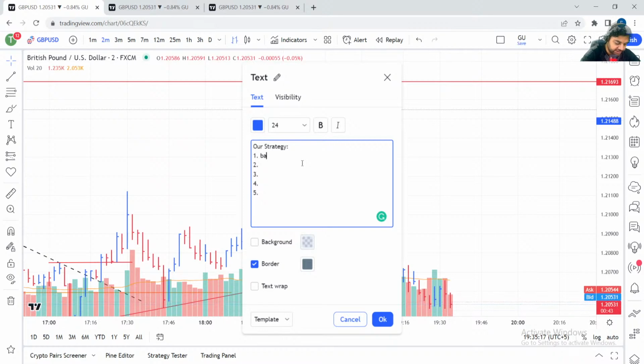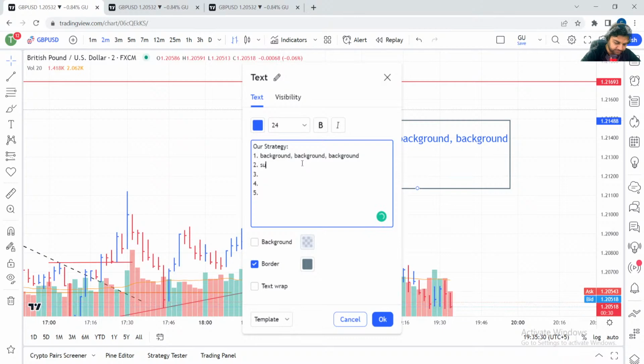Yeah, Prabir Roy, right. First of all, we have background. Okay, so the first one is background. Second one is support or resistance. Then we have reference line.